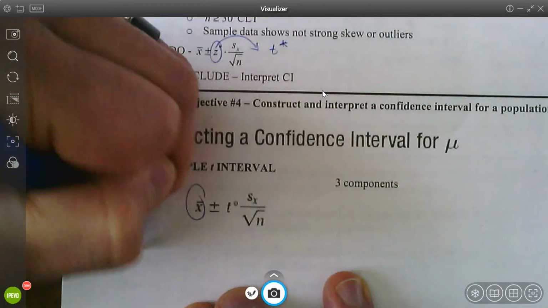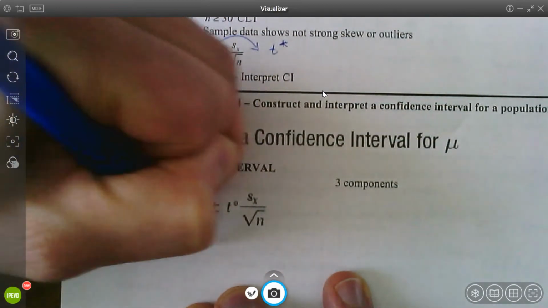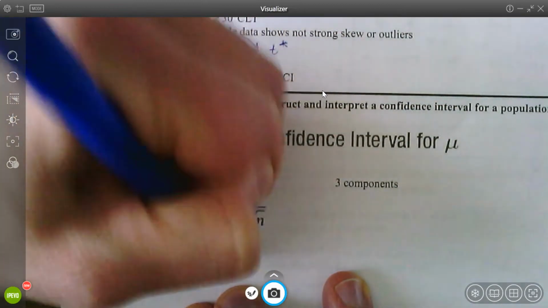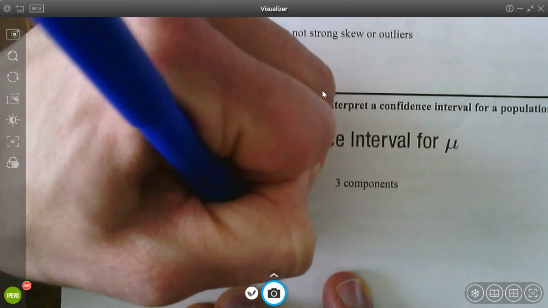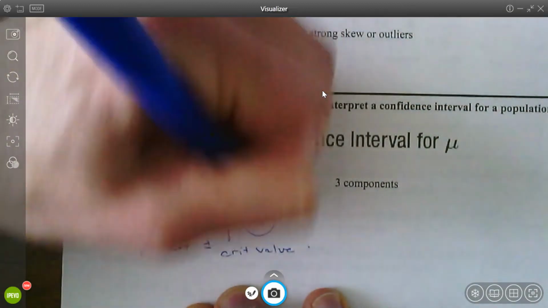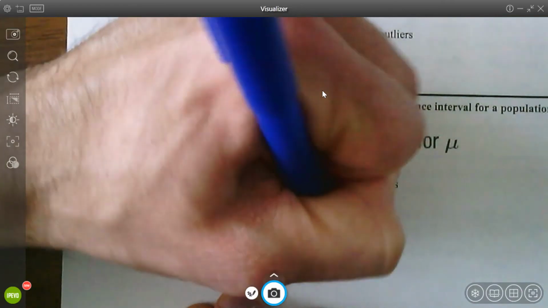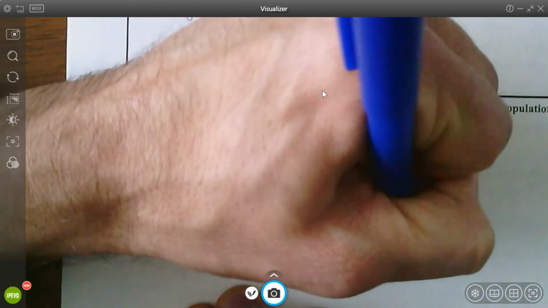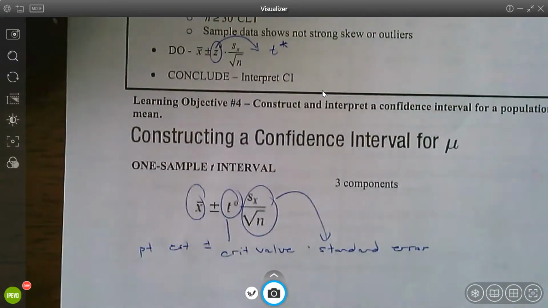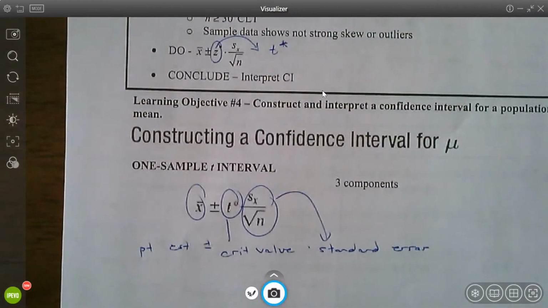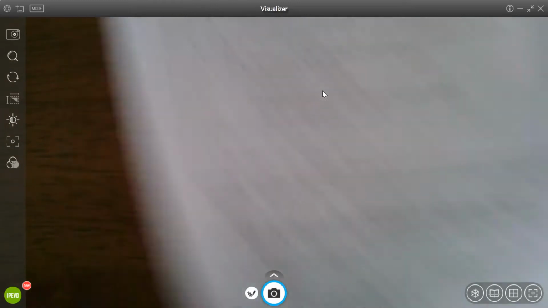There's your point estimate, which is your sample mean, plus or minus your critical value times your standard error. And the reason we're calling this standard error is we're estimating population standard deviation with the sample standard deviation.